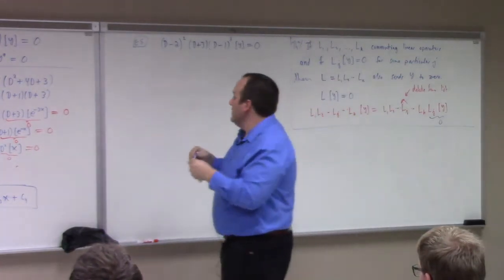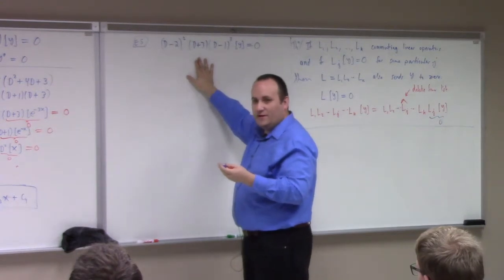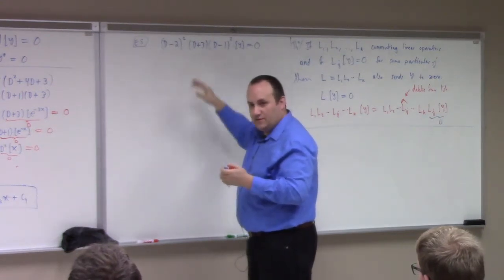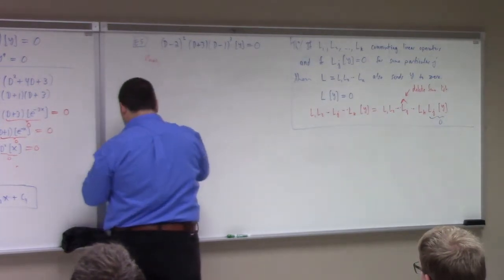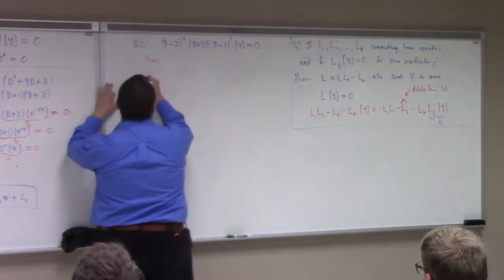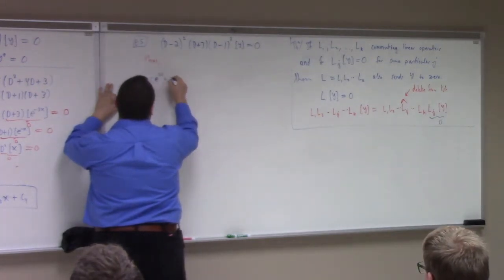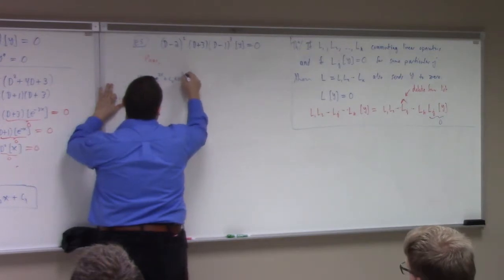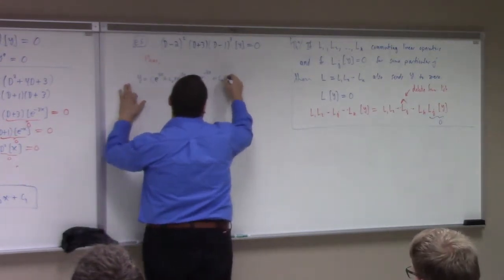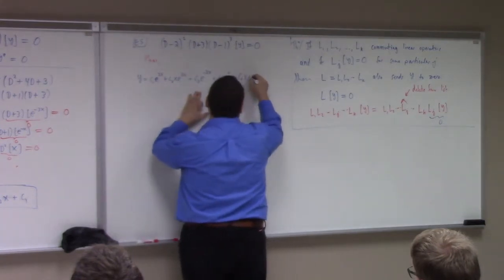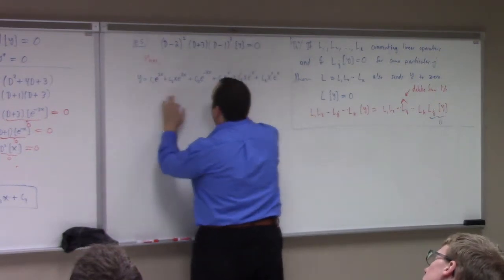All right. So for this example, I'll show you how I actually write. You know what the work I usually show is? Here's what I usually do. This is the full solution. Thus, y is c1 e to the 2x plus c2 x e to the 2x plus c3 e to the minus 3x plus c4 e to the x plus c5 x e to the x plus c6 x squared e to the x, and there you go.